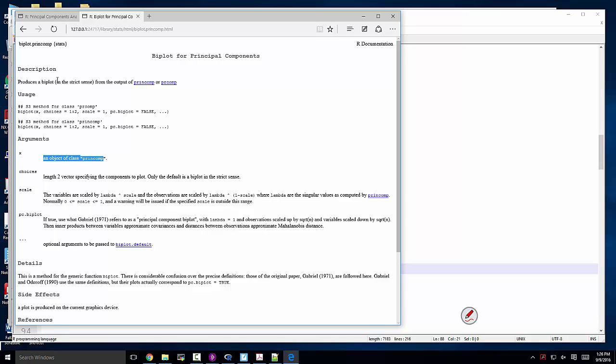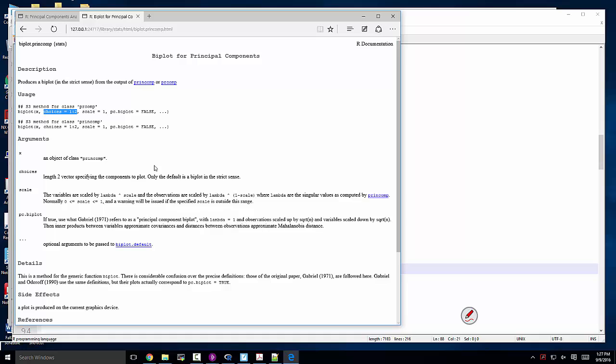Biplot is jargon for making that scatter plot I was talking about. If you do principal components and you want to visualize in lower dimensions, think biplot. There's a built-in function for doing this. We say biplot, pass in the object that contains the prcomp output, and choices, as far as I can tell, is what dimensions you want.